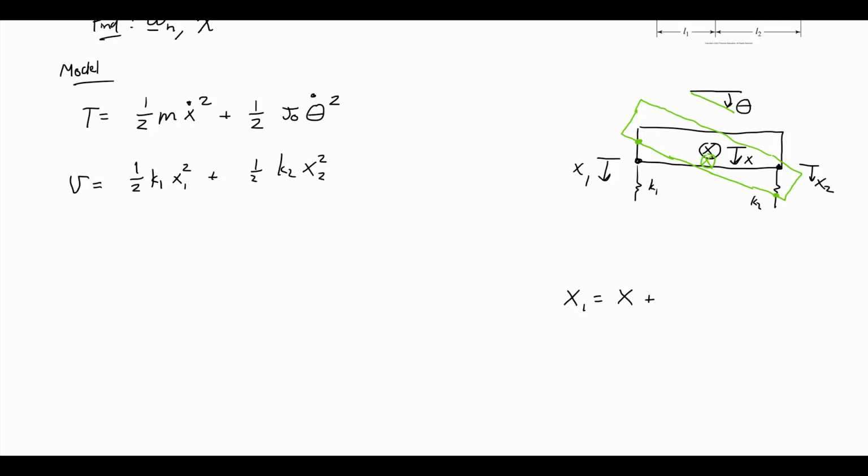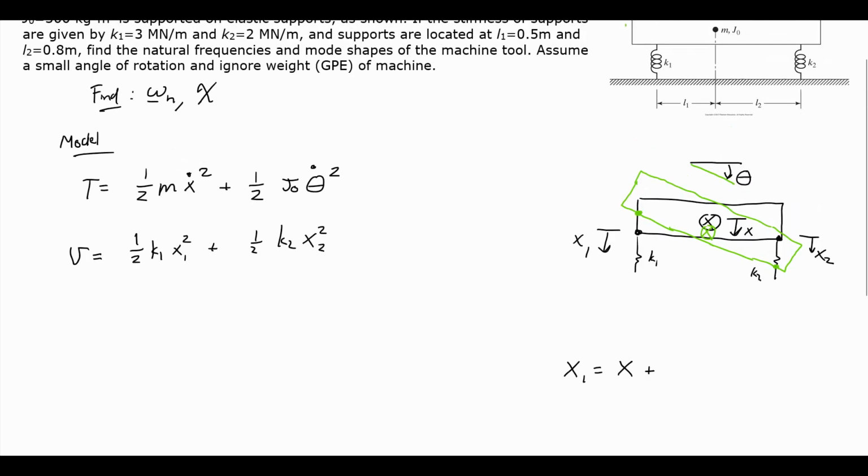So here, by the way that I have designated theta, and let me put in my other measures here, L1 and L2, using small angle approximations here, L1 times theta is going to be this distance. If I make a triangle out of it, that is going to be L1 times theta.